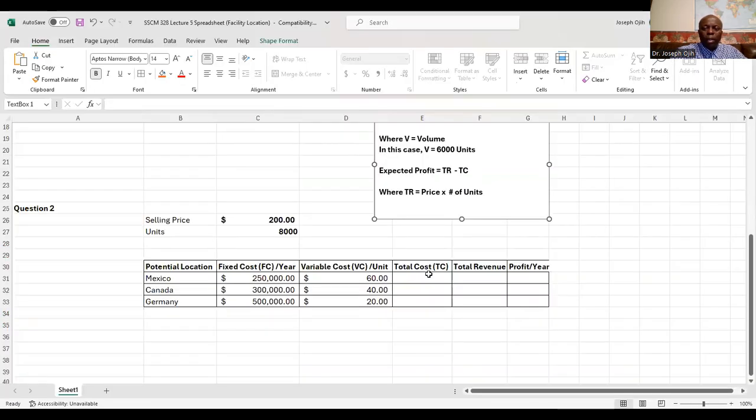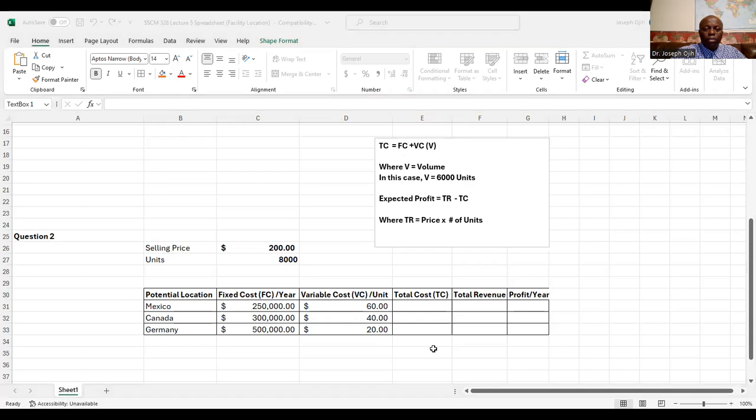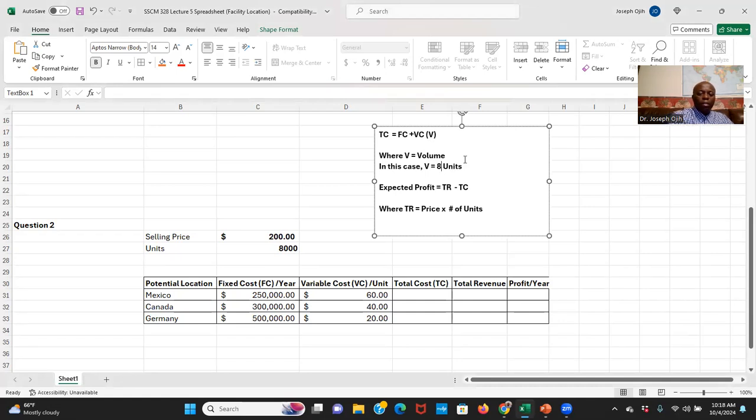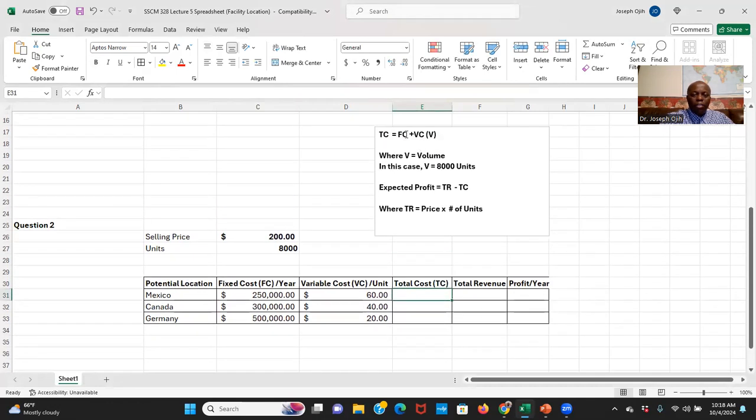Total cost will help us find the one that has the lowest cost, which will be the best location. And the formula is total cost equals fixed cost plus variable cost times volume of output. In this case, our output is 8,000 units. So that's the formula we're going to use.